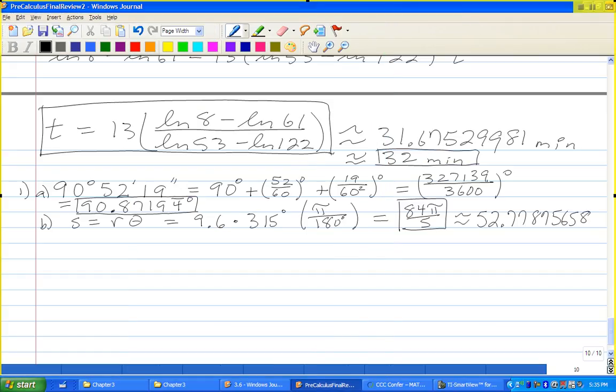And these are inches. So around 53 inches.